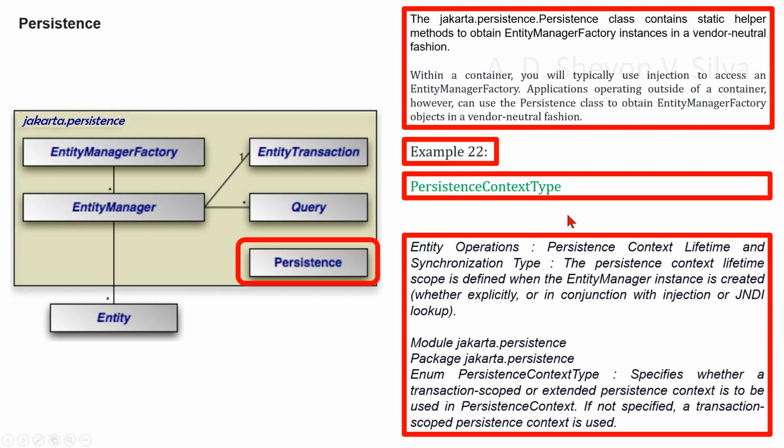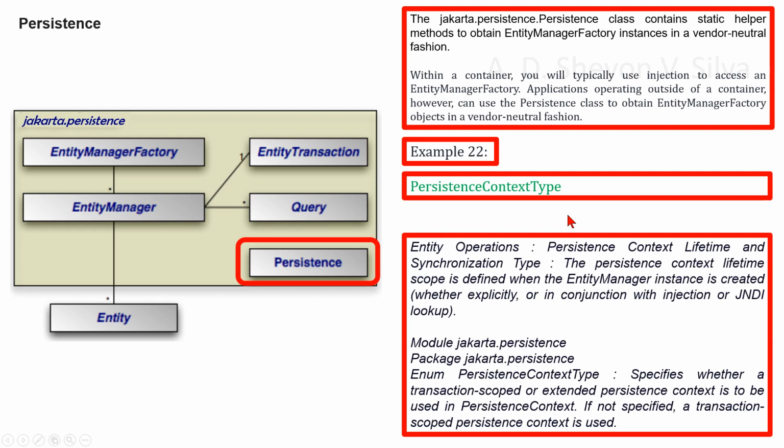Persistence context lifetime scope is defined when the entity manager instance is created, whether explicitly or in conjunction with the injection or JNDI lookup. By default, the lifetime of a persistence context of a container-managed entity manager corresponds to the scope of a transaction, that is, it is of type PersistenceContextType.TRANSACTION.